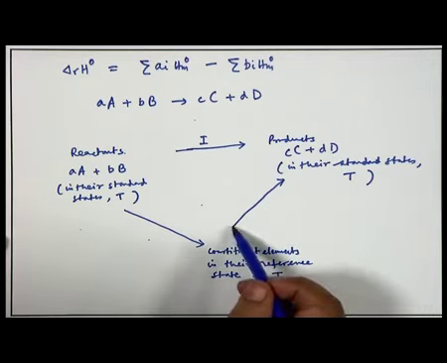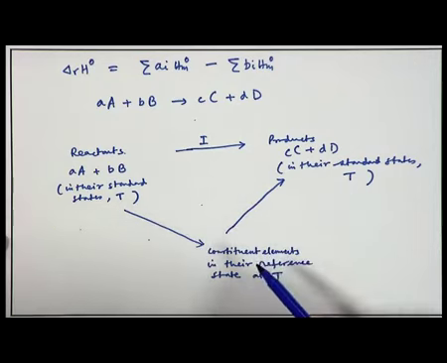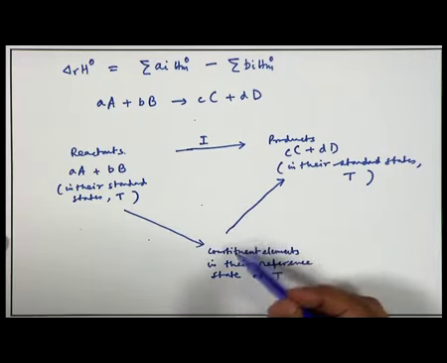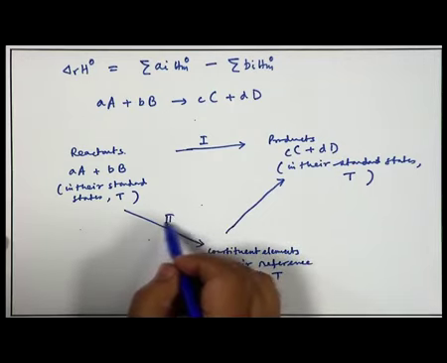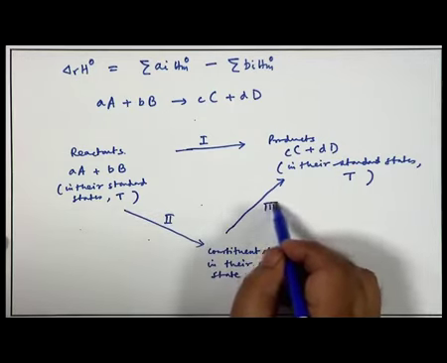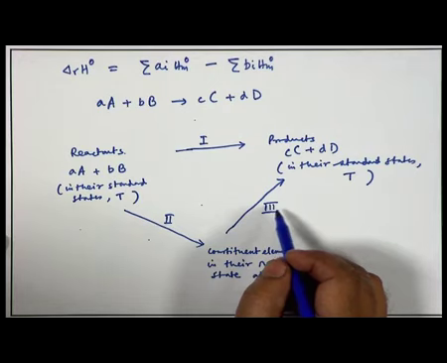So, we can think or imagine another reaction where constituent elements are forming the product. So, we mark them as equation number 2 and this is 3.